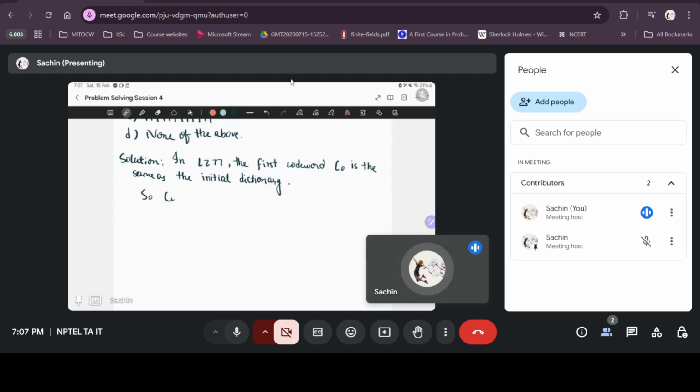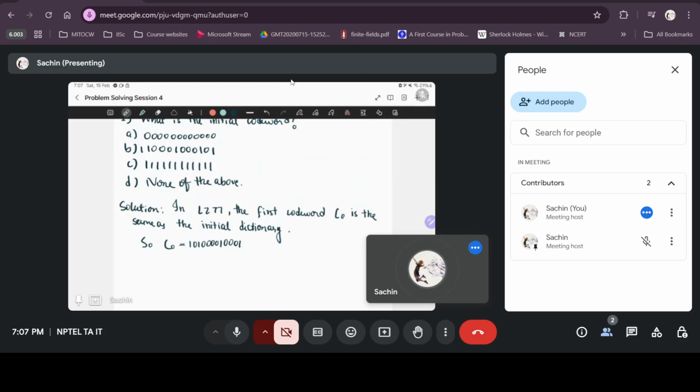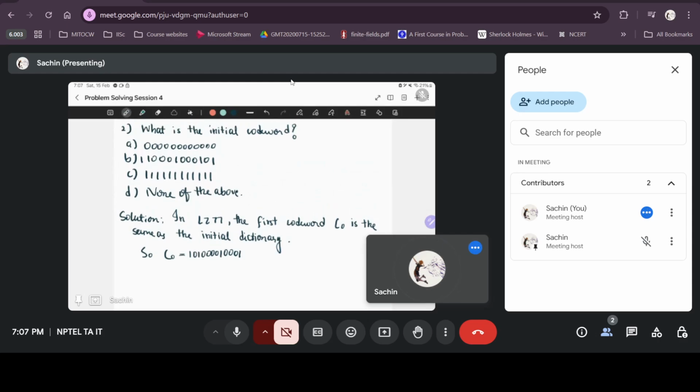So C0 is this part, which does not match with any of the first three options. So the answer again is option D, none of the above.